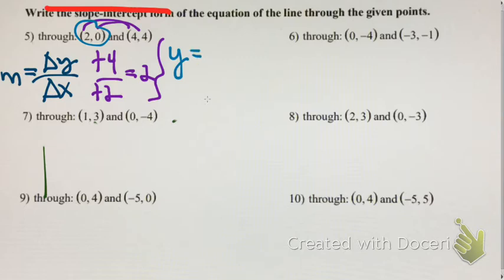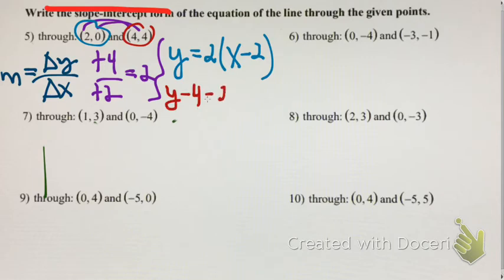And then the slope is 2, x minus 2. We could also use a different point if we want to. We could use the point 4, 4 and write y minus 4 equals 2. The slope doesn't change. X minus 4. So you got 2 answers to these. That's the big deal.